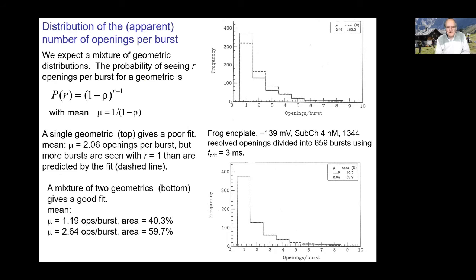But if you fit a mixture of 2 geometric distributions, the dashed lines are barely visible, it fits very well. And this was a common finding, still is, that there's a component of bursts that has only 1 opening in each of them, roughly speaking. In the case of glycine and nicotinic receptors, these are probably the monoliganded openings, predominantly at least.